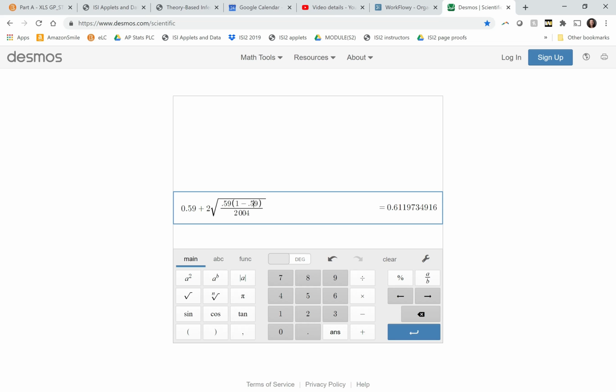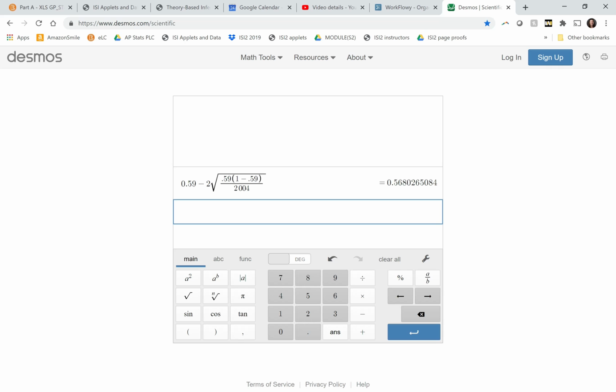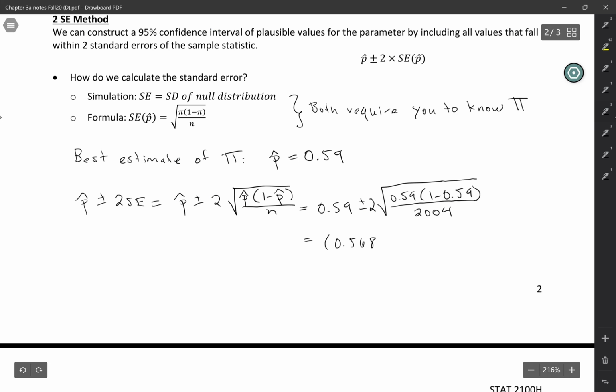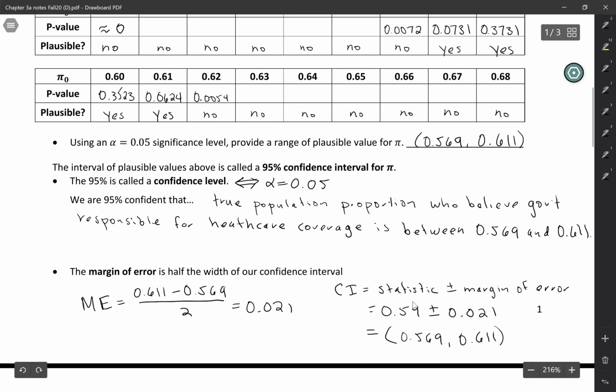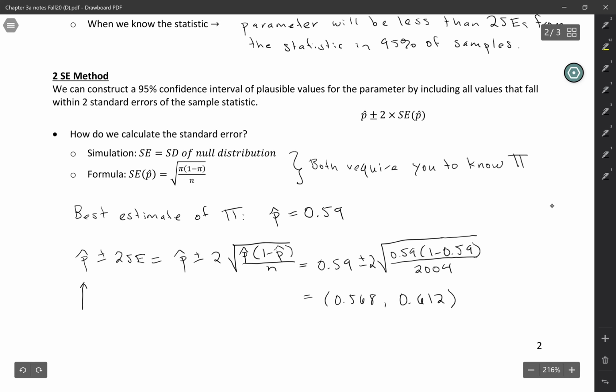And then I'm just going to go back and change this to a minus sign. And that'll give me my bottom boundary, 0.568. So 0.568 up to 0.612. And you can see this is very similar to the value we got before. So the general process here is that we're starting with a sample statistic.